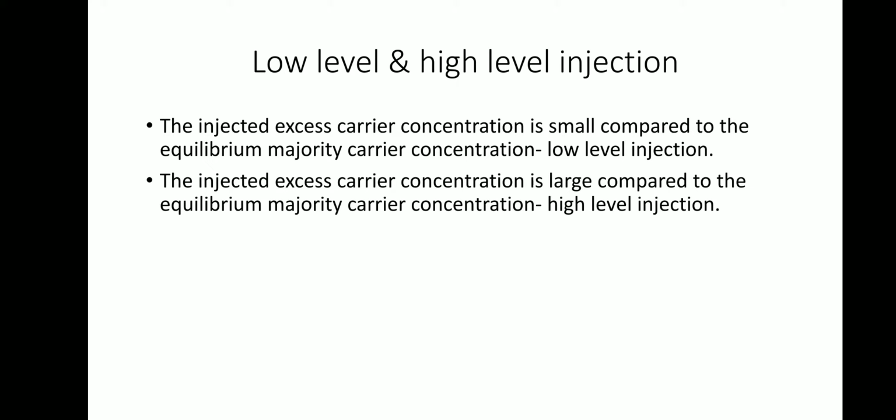Low level injection means the following. We already said that we generate excess carriers using any form of energy other than temperature. We have charge carriers due to temperature, and if we compare the equilibrium majority carrier concentration with the excess carrier concentration, and the excess carrier concentration is small compared to the equilibrium majority carrier concentration, then we say it is low level injection.